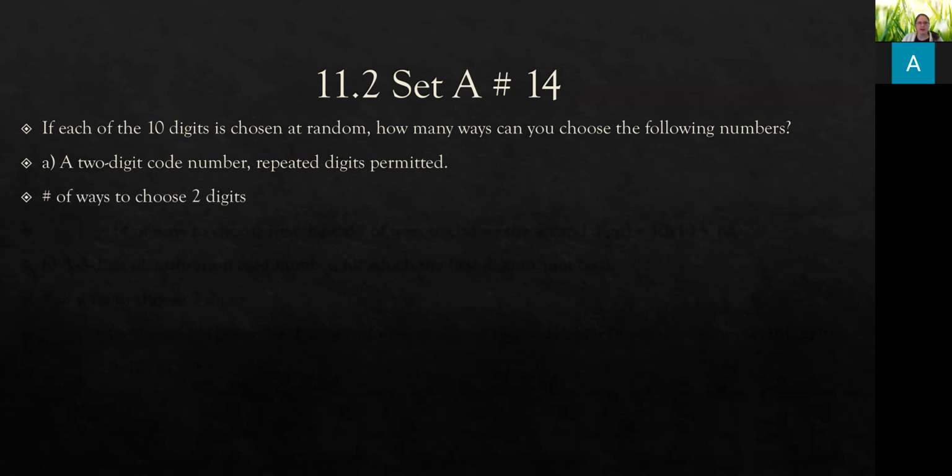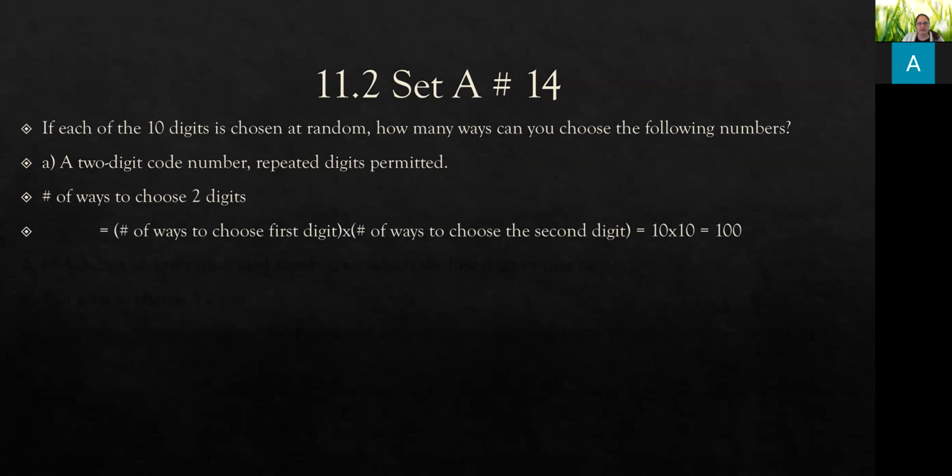Here we're going to use the fundamental counting principle that we saw last week. It's the number of ways to choose the first digit times the number of ways to choose the second digit. Okay, and we have 10 different options in each space. So we multiply 10 times 10, and that gives me 100. So there's 100 different ways that we could choose that.